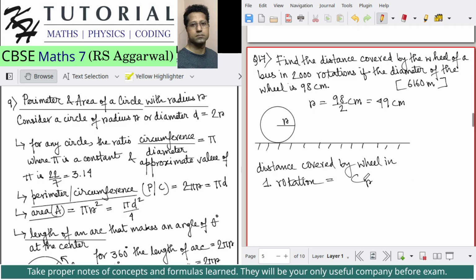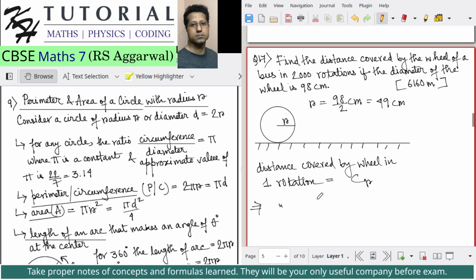And the problem is asking to find the distance covered by the wheel of a bus in 2000 rotations. Definitely in one rotation, if the wheel moves a certain distance, let's say x distance, then in 2 rotations it will move 2x distance, in 3 rotations it will move 3x distance. So it is basically based on the unitary method.